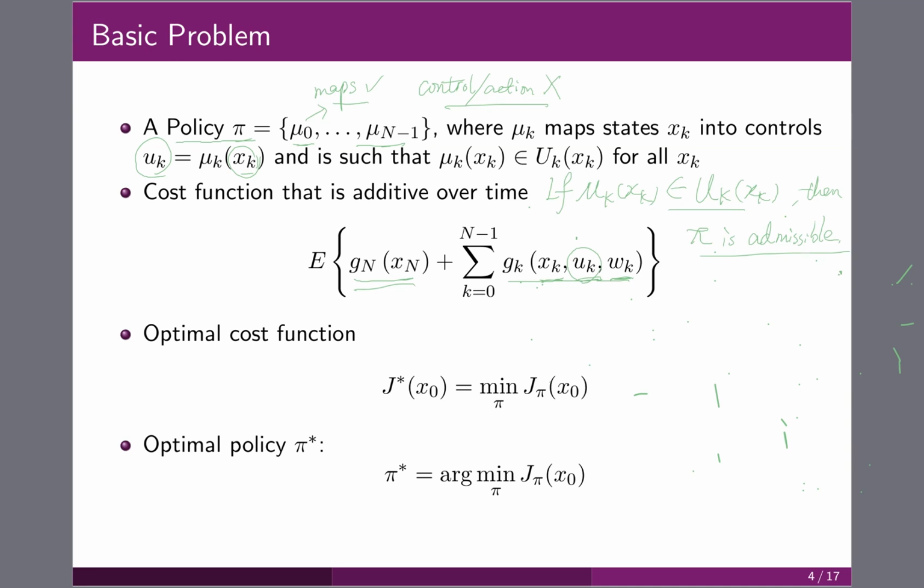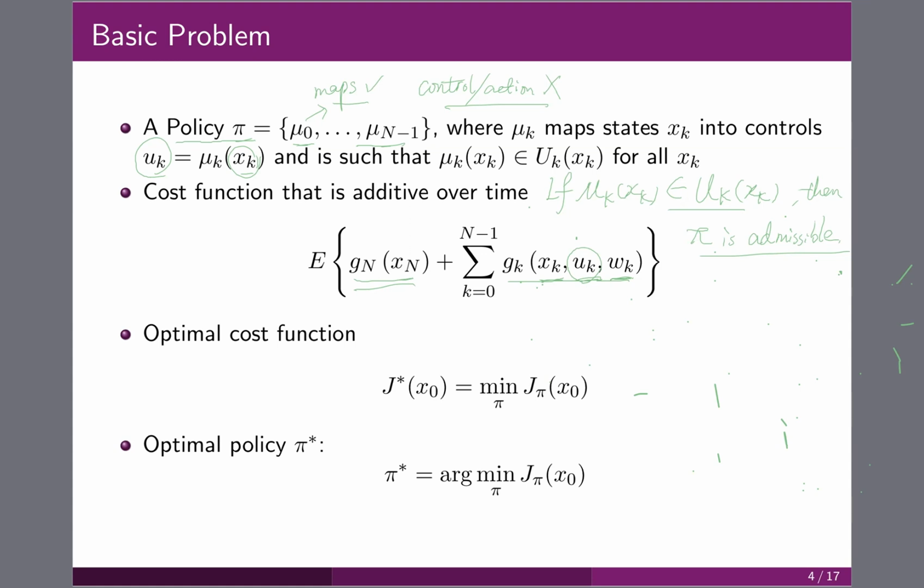So this is the cost, and next is optimal policy. As the name suggests, you can imagine this is the policy that minimizes the total cost.